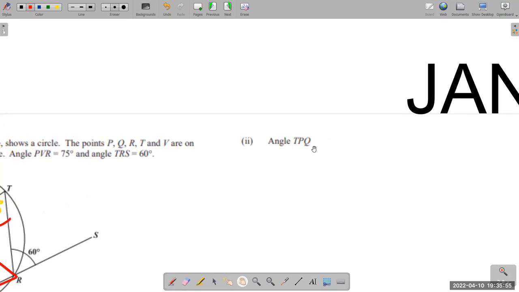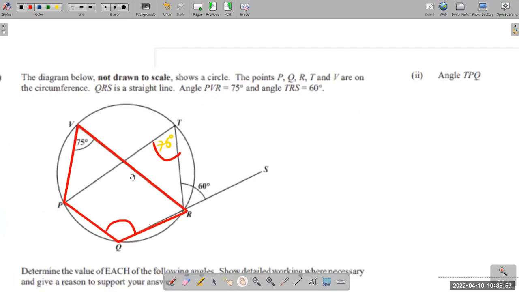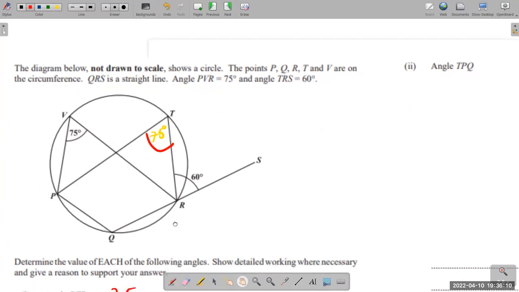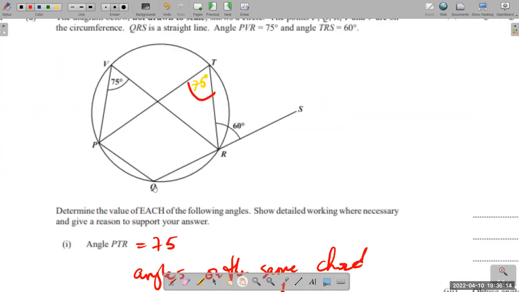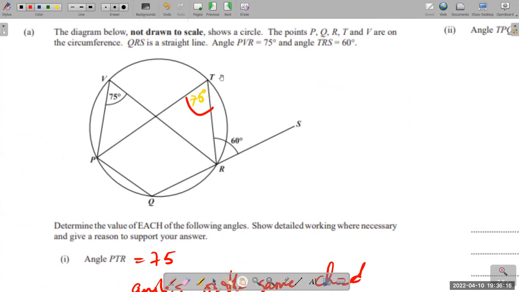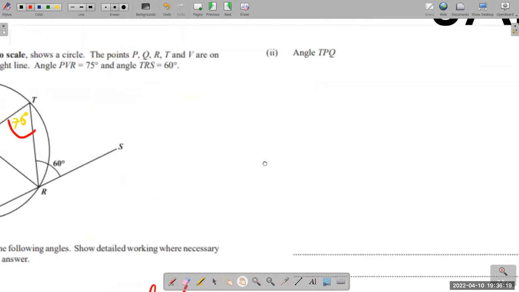Next one, angle TPQ. Where is that? TPQ. So let me erase this here now. Let me put this angle in here. What was the answer? We know that, wait, let me go again.